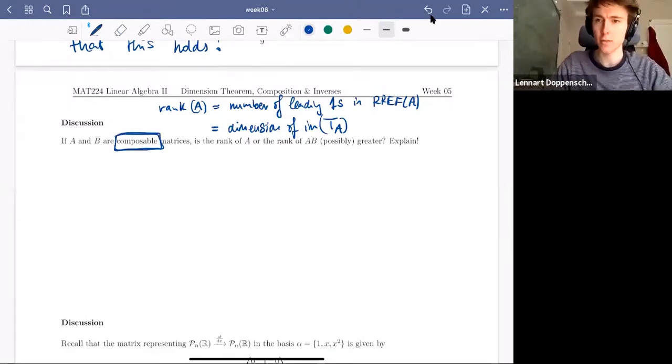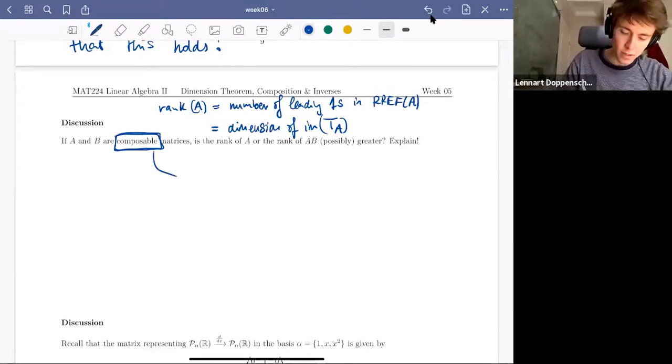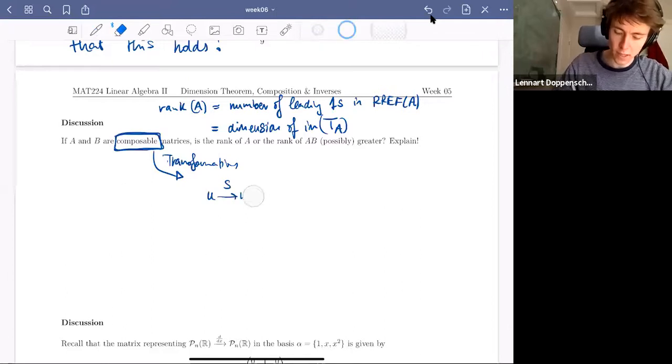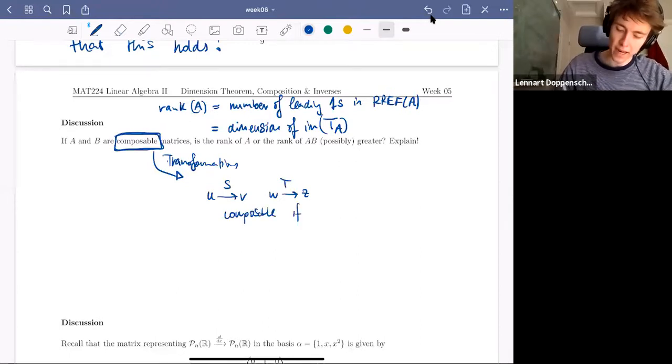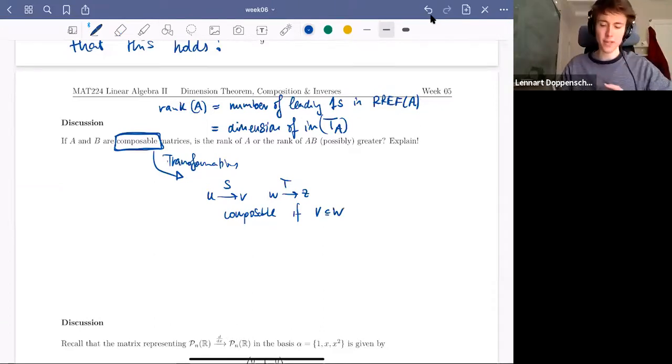So for transformations, if you have a transformation going from U to V, and then W to Z, they're composable if V is equal to or contained in W. It doesn't matter if it's not the whole space, because you can just restrict T to a smaller subset.